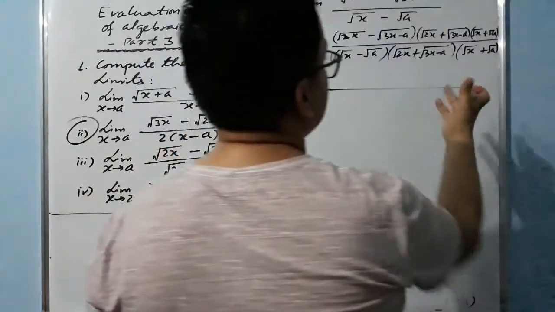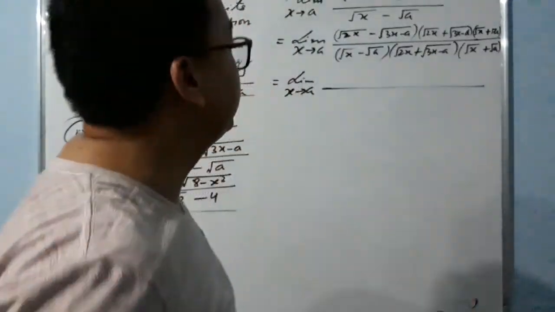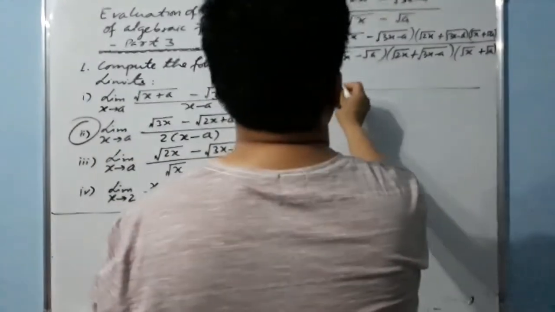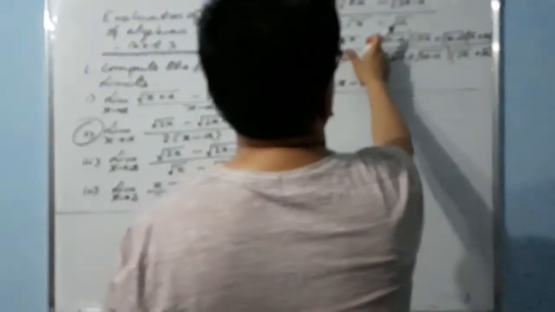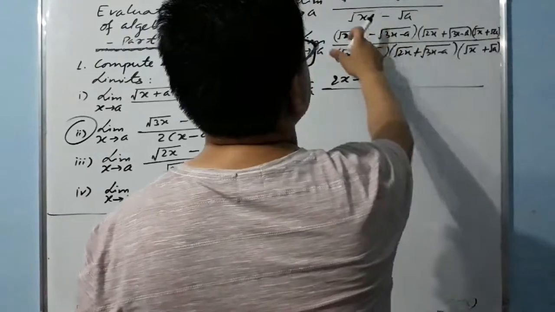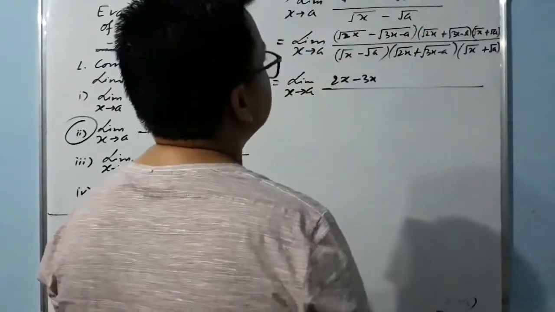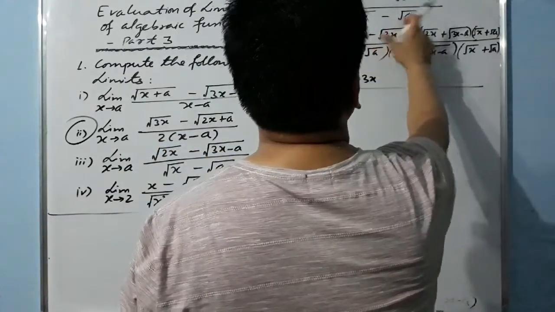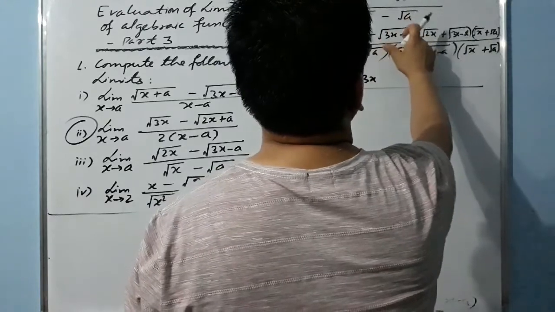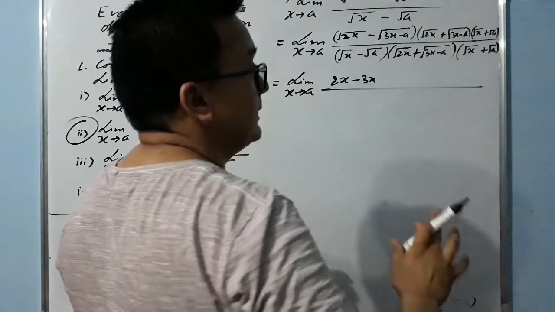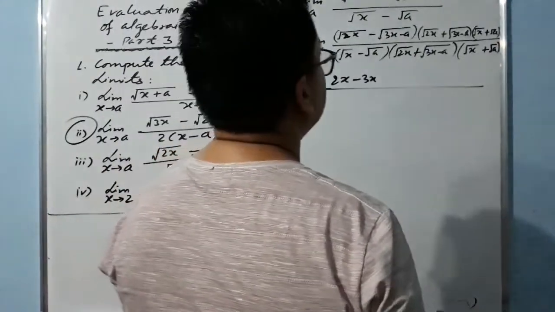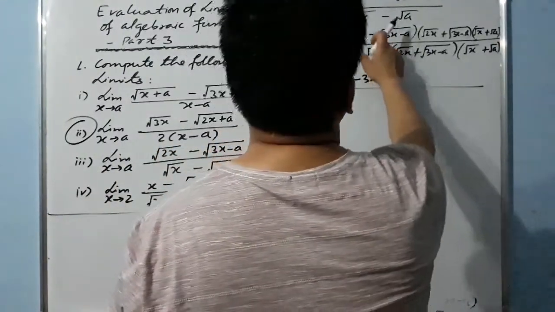Whenever we use a square minus b square, the radical sign will be removed. Here, minus root 3x minus a whole square means the radical sign will be removed. They are inverses of each other, so they cancel out, and the sign will be changed.